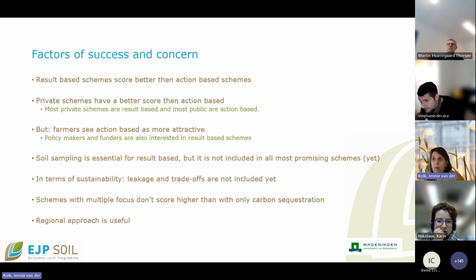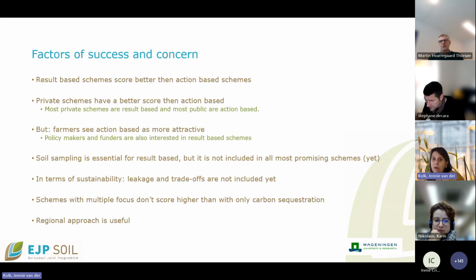But farmers see action-based as more attractive. That means, and I saw it in a workshop the other day we held in the Netherlands, that farmers' organizations even pilot with private funding, both action- and result-based.